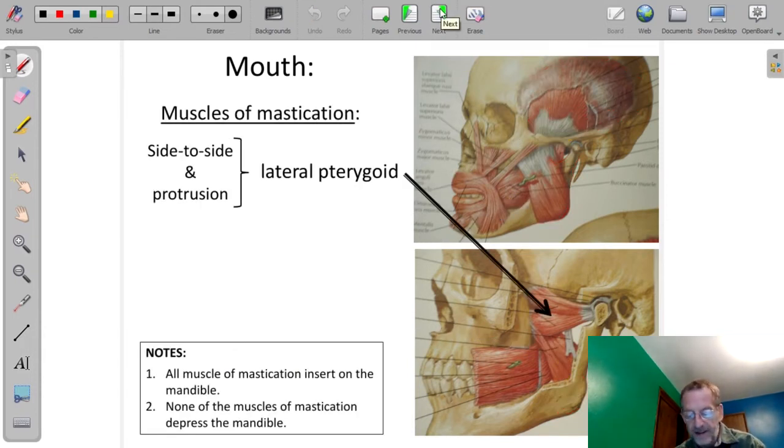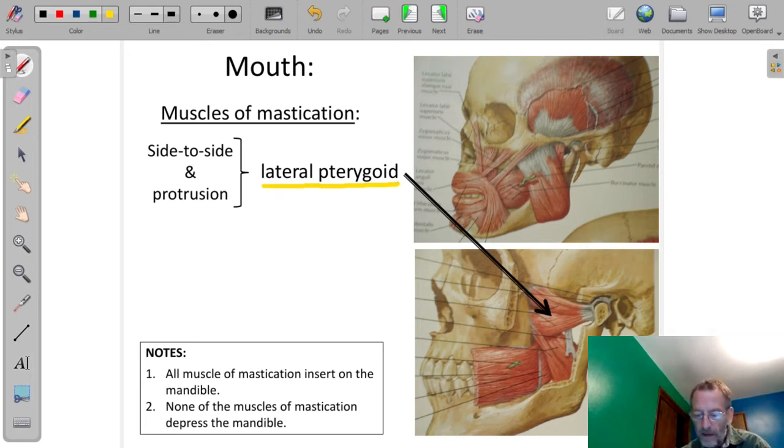The final slide, or picture, of muscles in the muscles of mastication are the lateral pterygoids. So you just finished, in the previous slide, with the medial pterygoids. These are the lateral pterygoids, right and left. And they are deep.